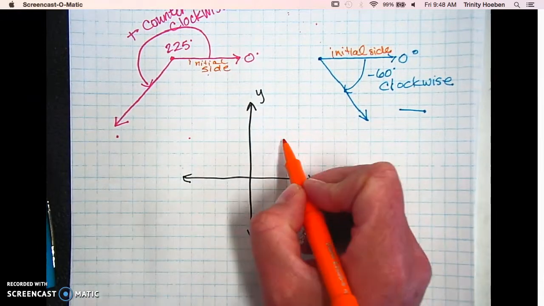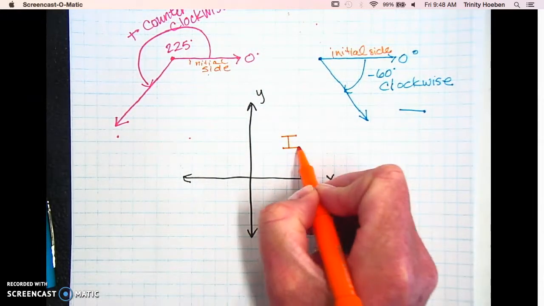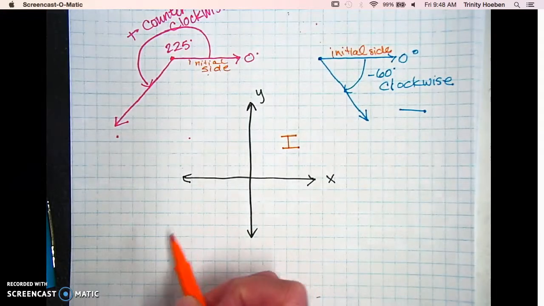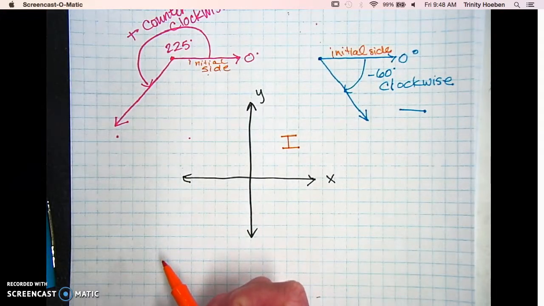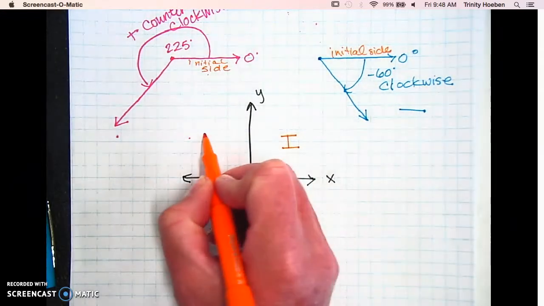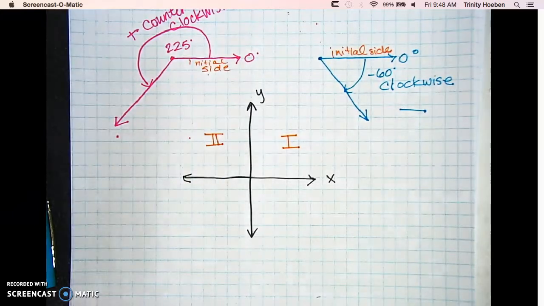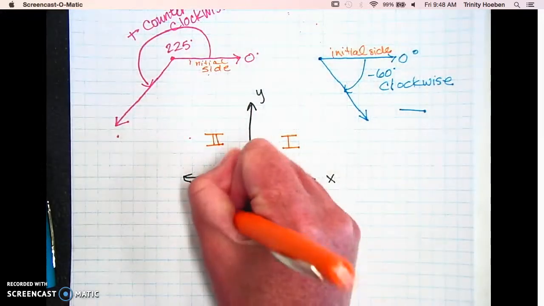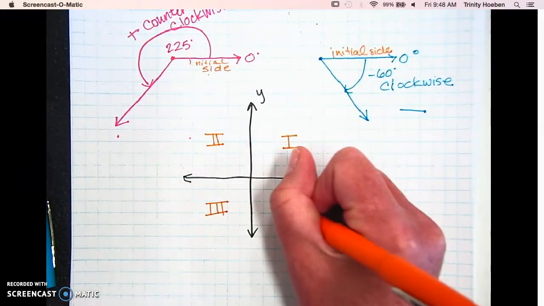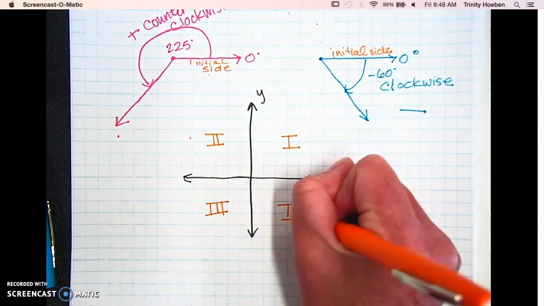And this is quadrant 1. So where's quadrant 2? To the left, right here. Then you go down, and that makes quadrant 3. And then here's quadrant 4.